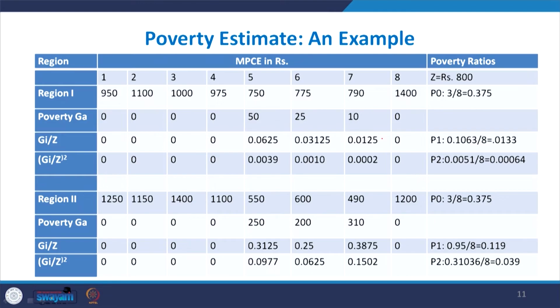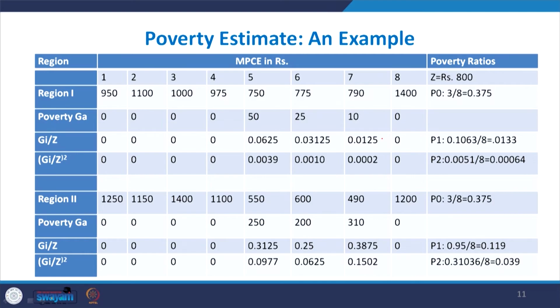The squared poverty gap ratio in the first region is 0.00064, quite low or near to 0, while in case of region second it is 0.039. So, you can again find that in region second the severity of poverty is higher as compared to region first.